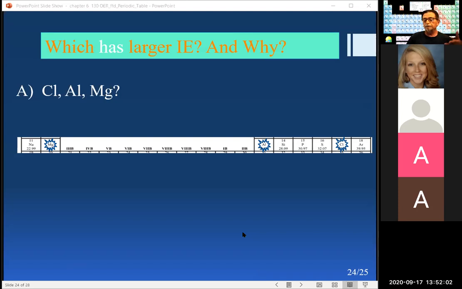And so just by virtue of the fact that we're comparing one nonmetal and two metals, the answer is by default the chlorine. Okay? But if you don't remember that, then you find it in the periodic table, and you can see across the periodic table the trend is that ionization energy increases, because it picks up more protons and the electrons are held more tightly than in aluminum and magnesium.